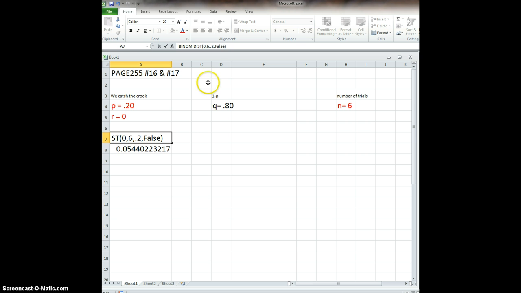We're not trying to accumulate anything. So that's what we need to type in and run where it says equals in our cell below. 0 out of the 6, 0.2, false. And you see we get about a 26% chance that none of the crimes are solved.